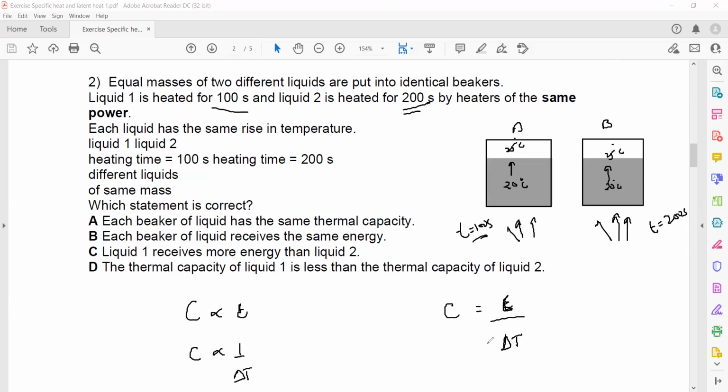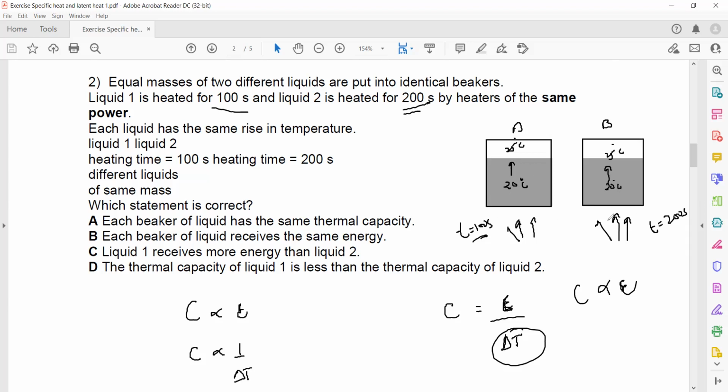But in the question, both have the same temperature change, as they mentioned. So the thermal capacity is directly proportional to the energy supplied. The one which we supply more energy will have a higher thermal capacity. The one which we supply less energy will have a lower thermal capacity, because the temperature change is the same for both beakers.